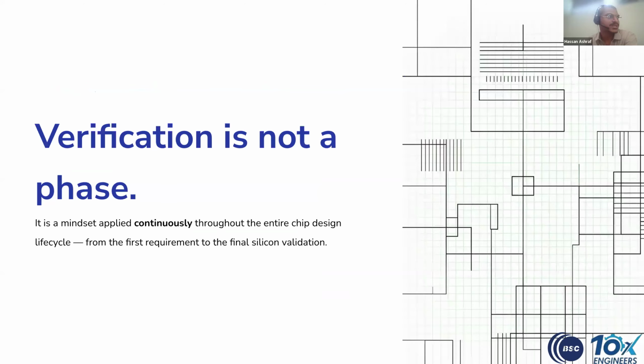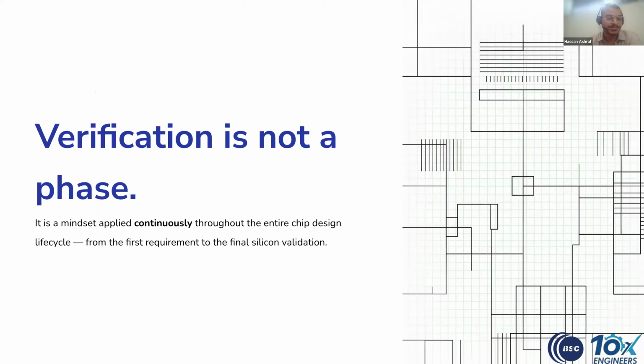So verification is not a phase. From all these examples and all this discussion, we have come to know that verification is not just one phase. It starts from the very first step till the very end, till the tape out. So it's a mindset applied continuously throughout the entire chip design lifecycle, from the first requirement to the final silicon validation.